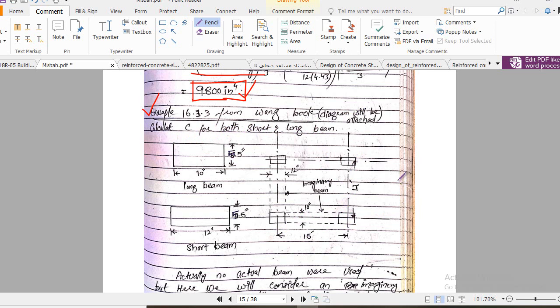As you see in this example, remember, there is no beam, but we have to assume, we have to imagine a beam which exists in this direction and similarly in this direction, because a transverse section is needed.